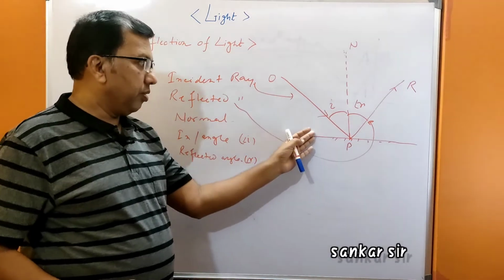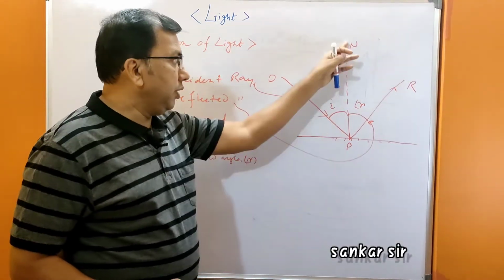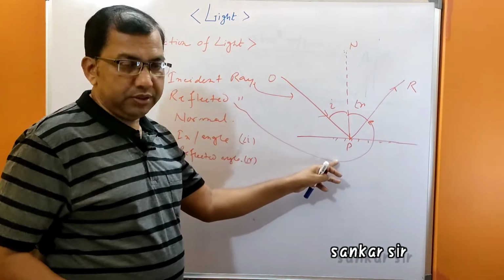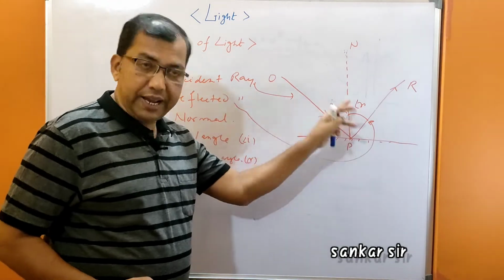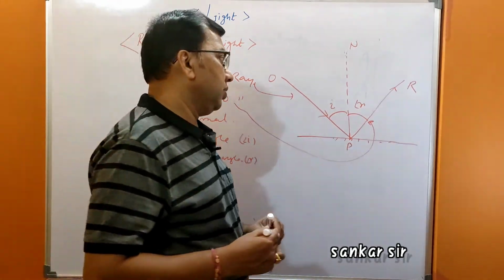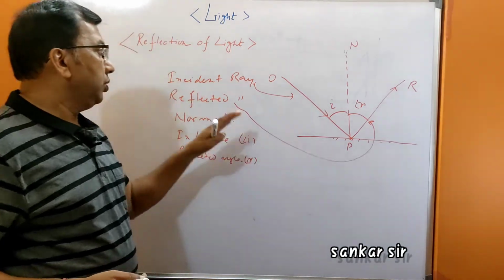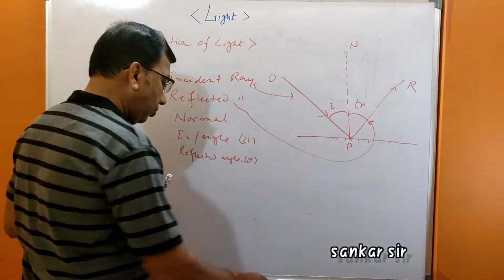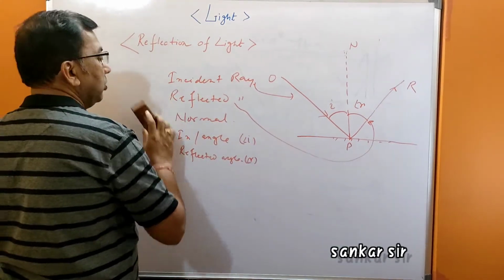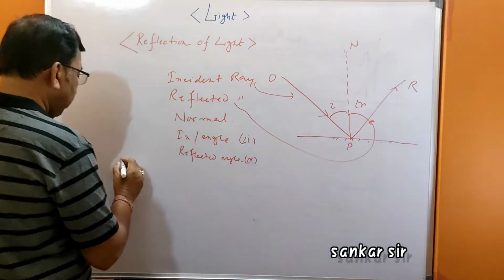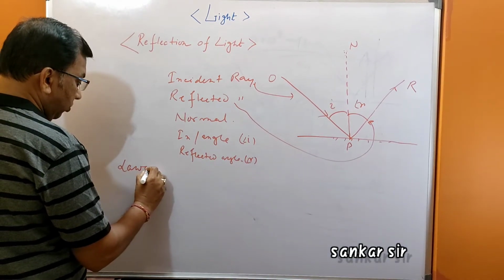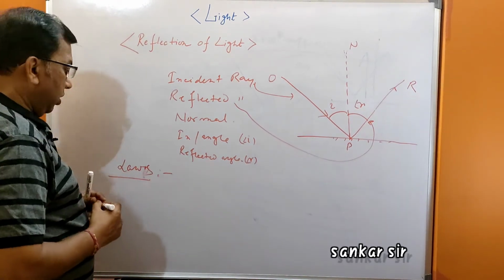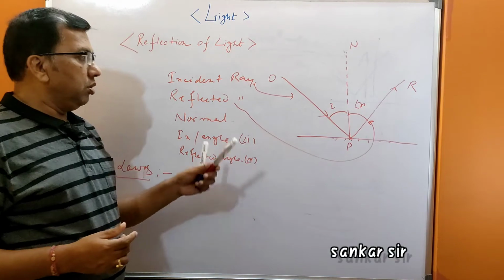The incident ray, point of incidence, normal, reflected ray, incident angle, reflected angle. In this case, you should also know the laws of reflection. What are the laws of reflection?